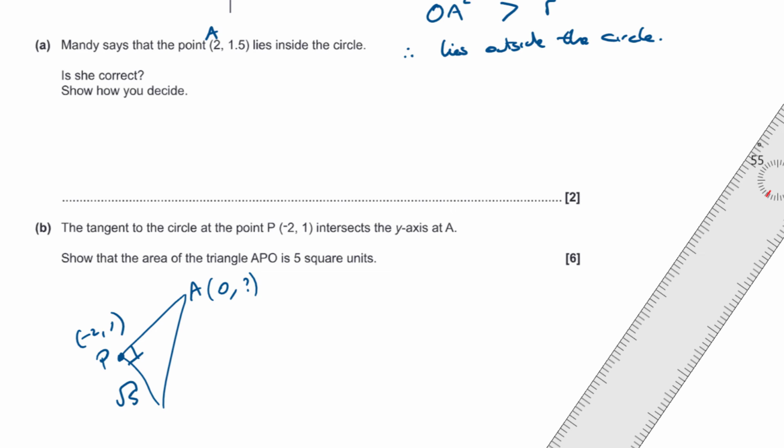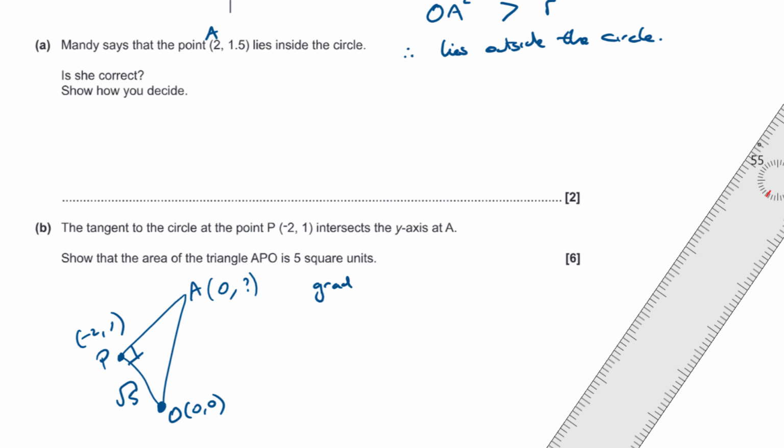I don't know the gradient of the line AP just yet, but I could work out the gradient of OP, and use the fact that it is perpendicular to find the gradient of AP. So we're going to find the gradient of OP first. O is the point (0, 0), isn't it?